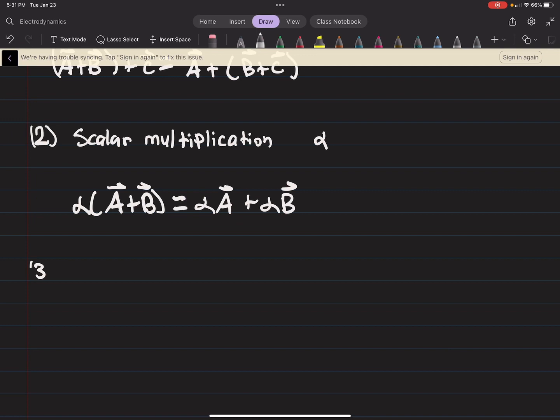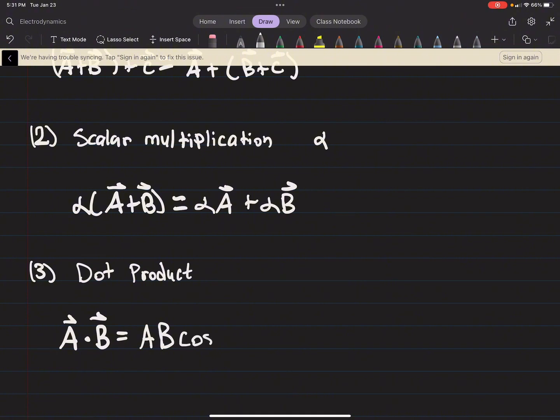And then the next thing we want to talk about is multiplying two vectors. The first way we're going to do that is what's known as the dot product. The dot product, which you can kind of denote with that dot, is equal to the magnitude of vector A times the magnitude of vector B times cosine of the angle between them.